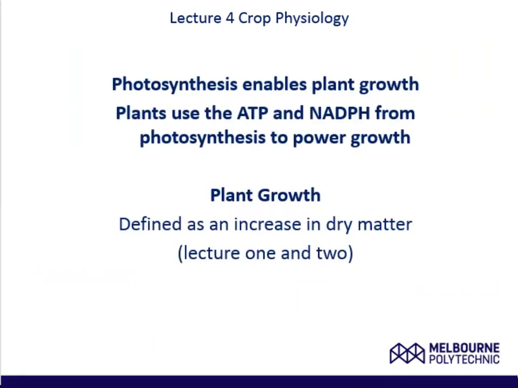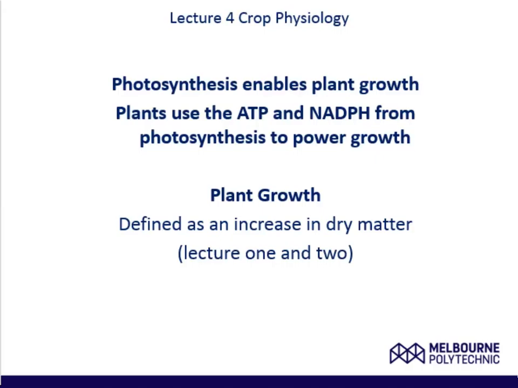So now we have learnt about the different photosynthetic pathways C3, C4 and CAM, and we have learnt about the basics of photosynthesis. There is a light requiring reaction and a non-light requiring reaction where the chemistry occurs. We have a good understanding, or at least good enough for this subject, to learn next about plant growth.